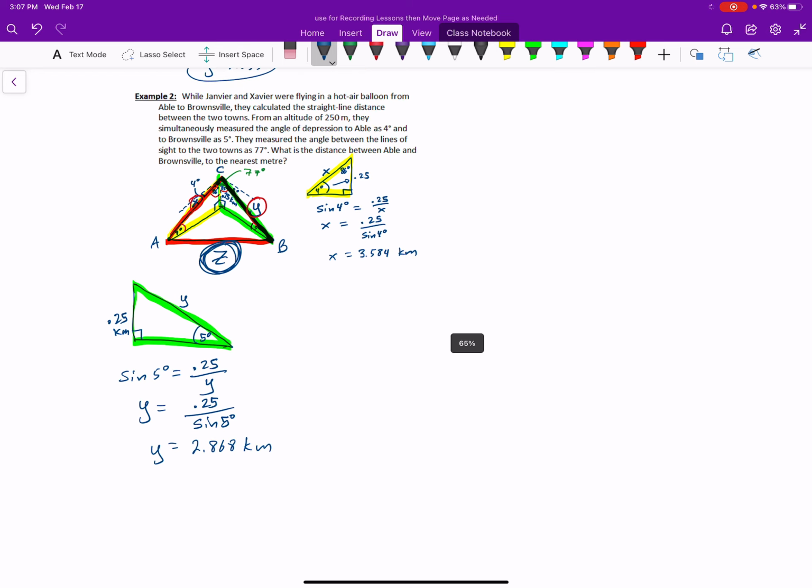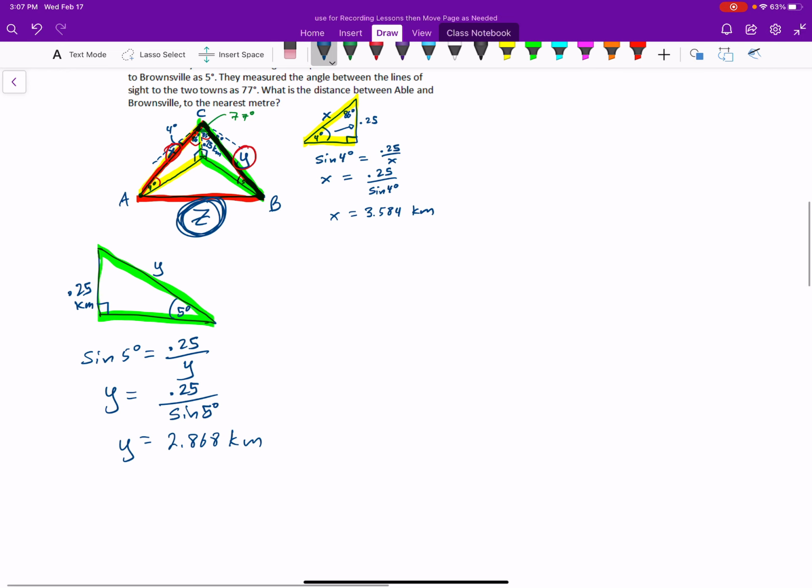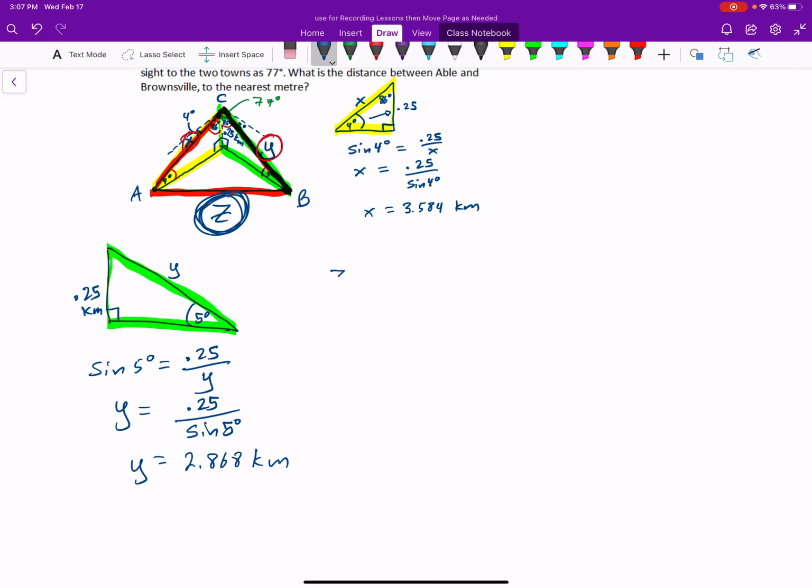This is a cosine law problem because I want to find the missing side length when I've got two sides and the angle between them. So using the cosine law, z squared equals, using the variables I've talked about, x squared plus y squared minus 2 times x times y times cos C. Anyway, let's call it 77 degrees.